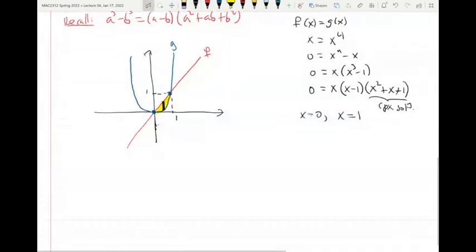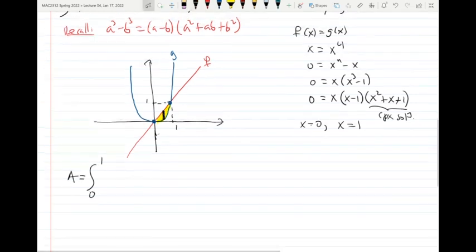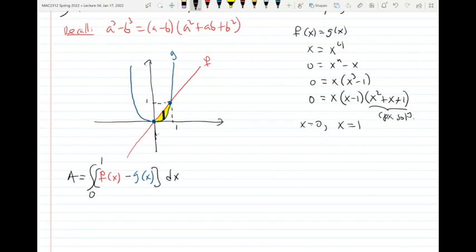All right, so let's find the area. So the area is going to be the integral from where to where? From 0 to 1. And then which one goes on top? So f goes on top, and g goes on the bottom, right? And once again, we are integrating with respect to x.